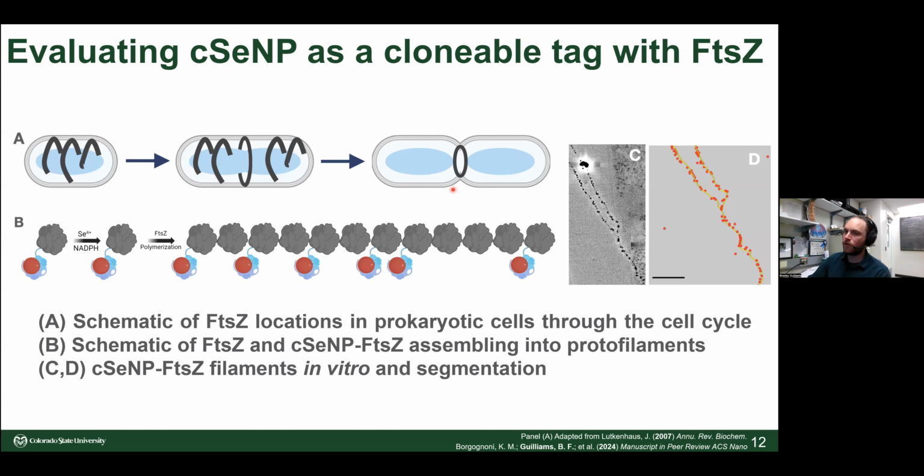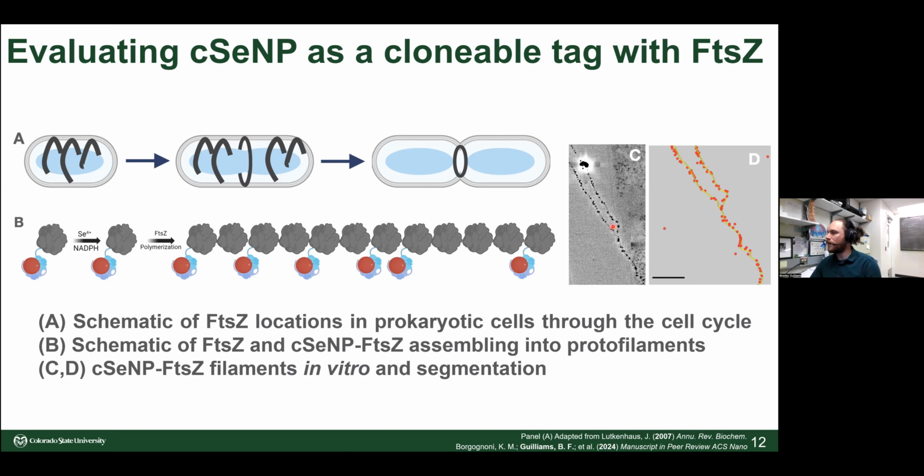So again, we have known localization, and we overexpressed this construct with FTSE monomers and our clonable selenium nanoparticle. And upon polymerization of FTSE, in combination with genomic FTSE, we end up with these FTSE filaments that are dotted with selenium nanoparticles.